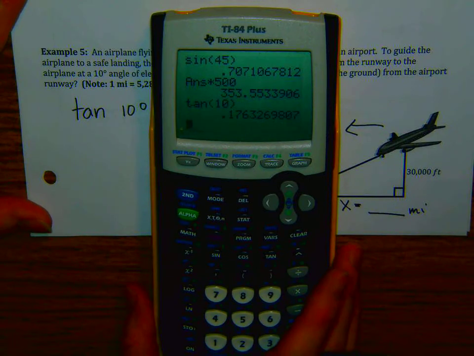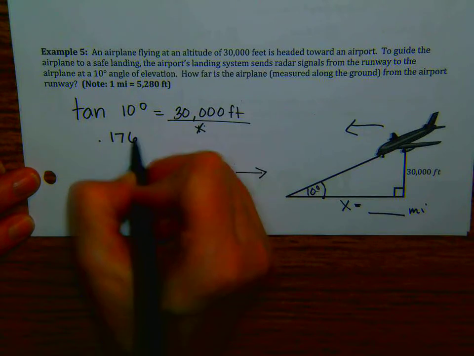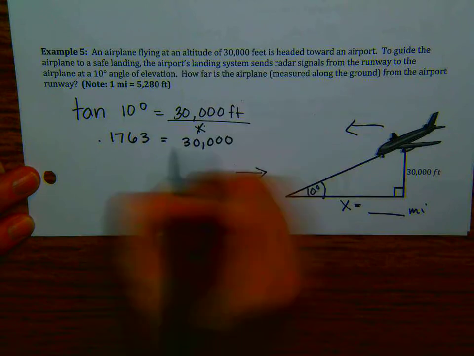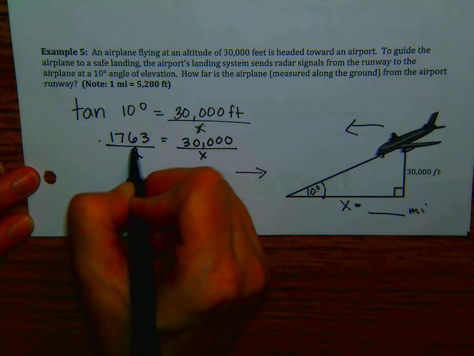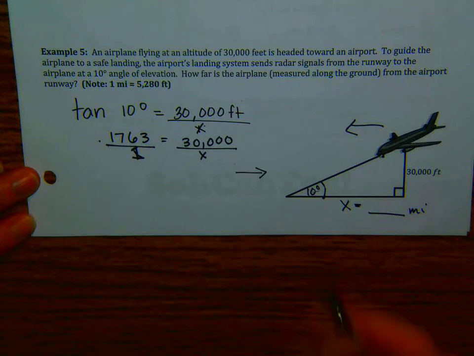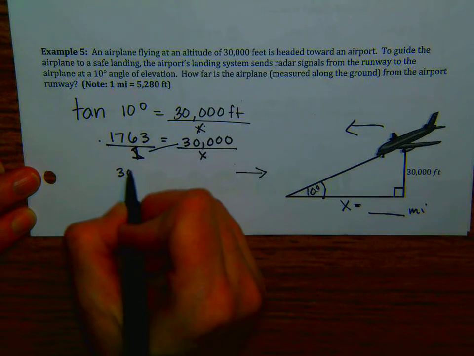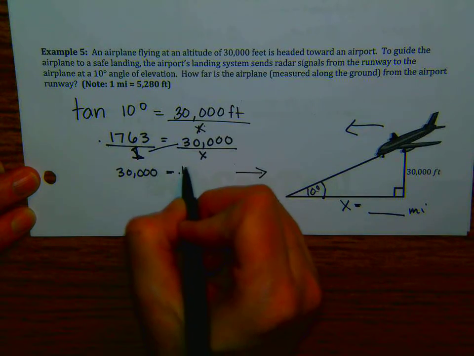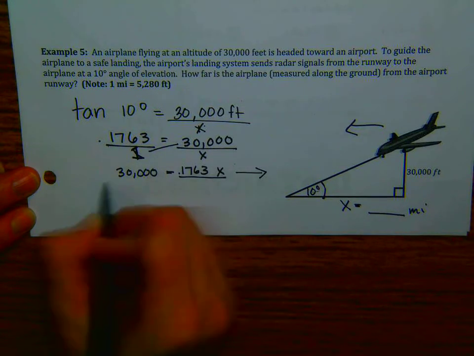So 0.1763 is equal to 30,000, I know it's in feet, over x. Setting up a ratio, I'm going to put that over 1. I'm going to cross multiply. I'm going to get 30,000 is equal to 0.1763x. Solving for x, I'm going to divide both sides by 0.1763.